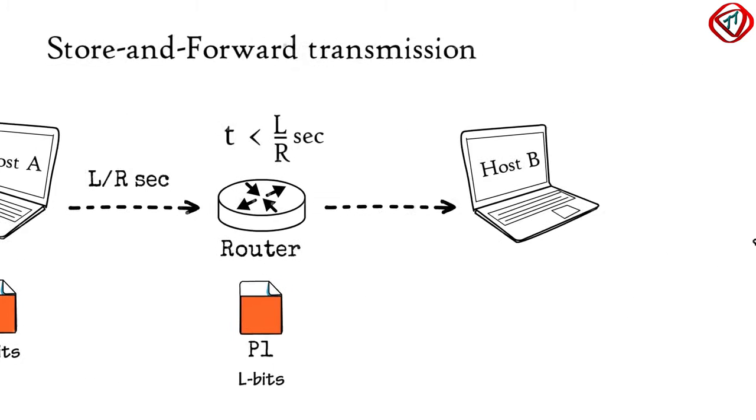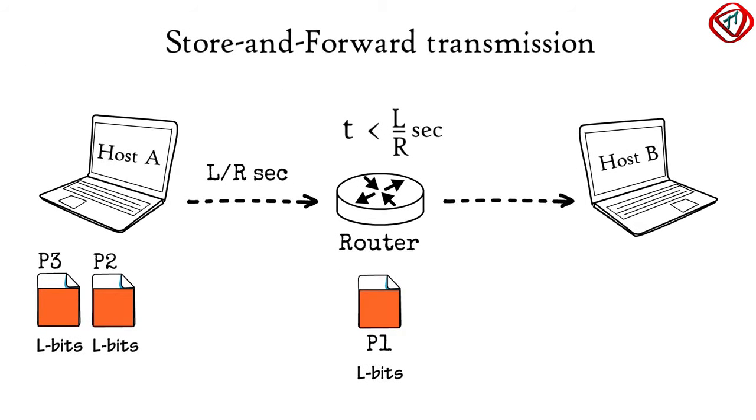In the current case, the host A completes sending the first packet at time L by R seconds. So, if the propagation delay is 0, the router receives, stores and starts sending the packet P1 to the host B at the same time, L by R seconds.